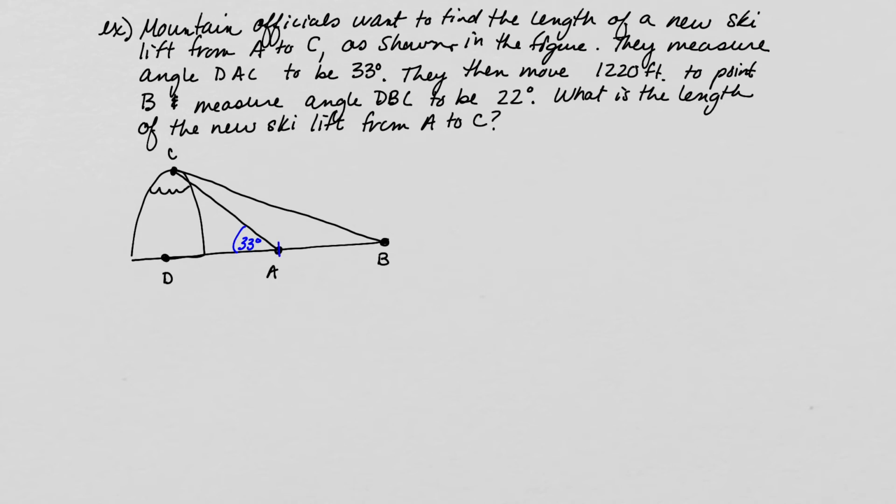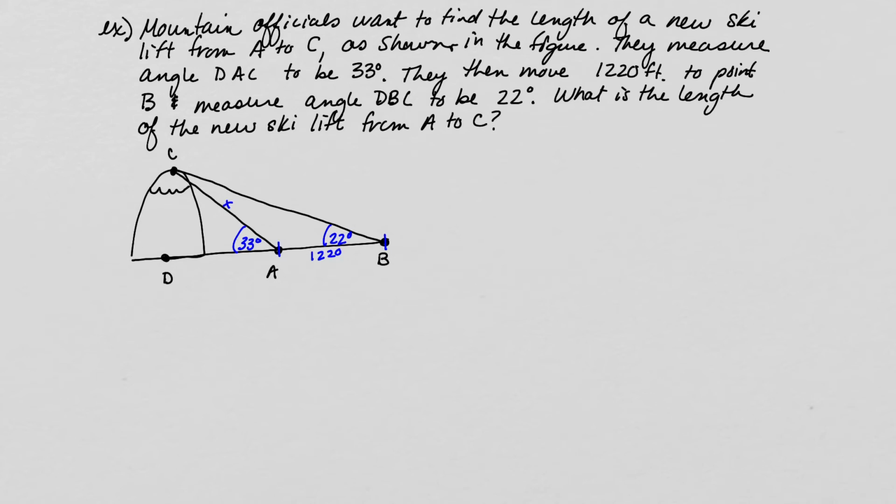So this part from here to here is 1,220 feet to point B, and they measure the angle DBC to be 22 degrees. So this angle here is 22 degrees. And we want to find the length of the new ski lift from A to C. So we want to figure out this distance here, x.